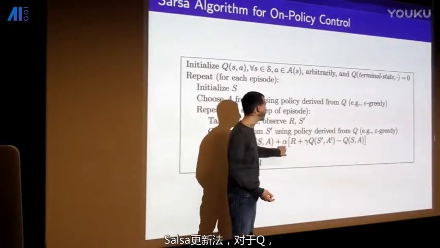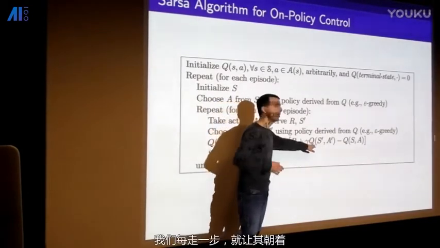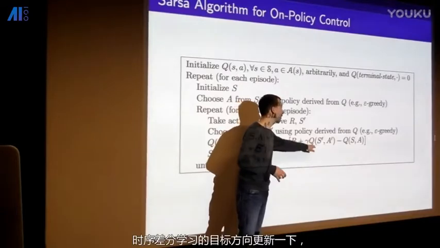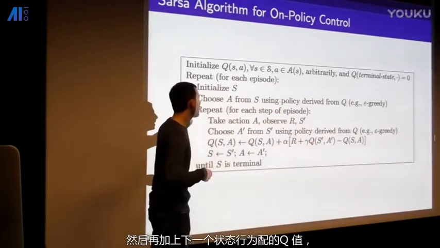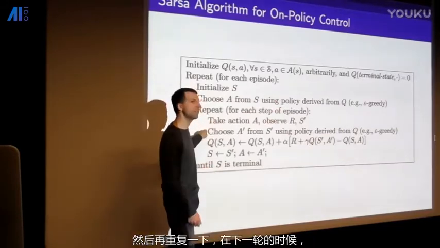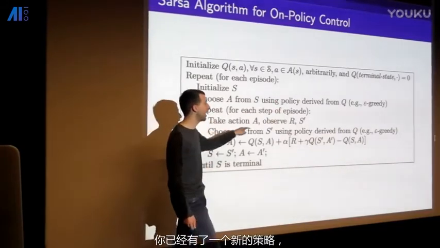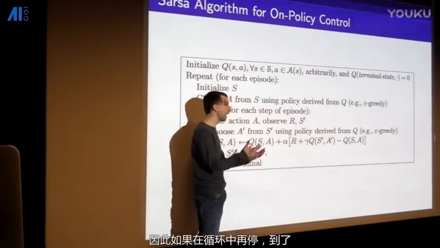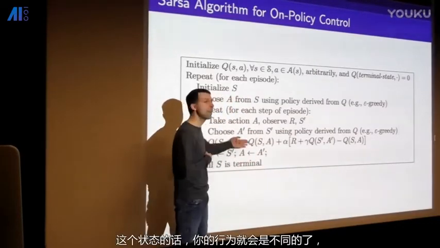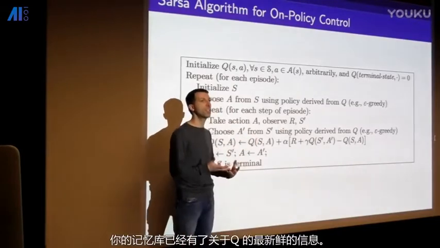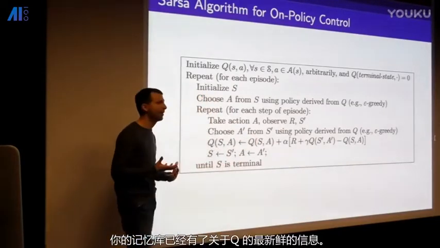So it updates a little bit in the direction of my TD target, the reward plus the discounted value of the next state action pair. And then repeat. So the next time we come round, we'll already have a different policy because we're acting epsilon greedily with respect to our Q values. If I end up back in that same state again, for example in a loop, I will already behave differently using the latest and freshest information stored in Q.